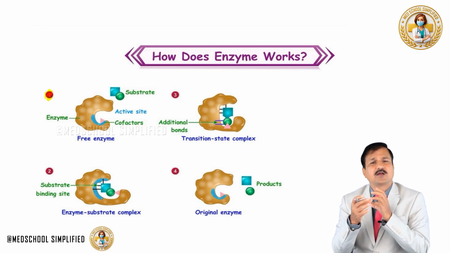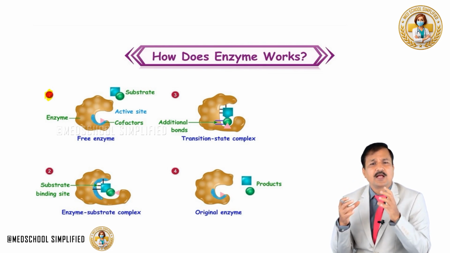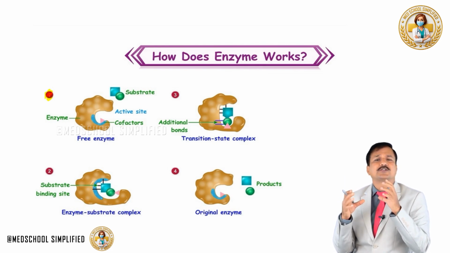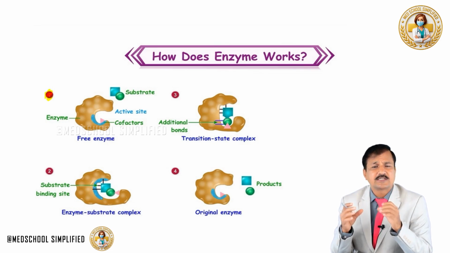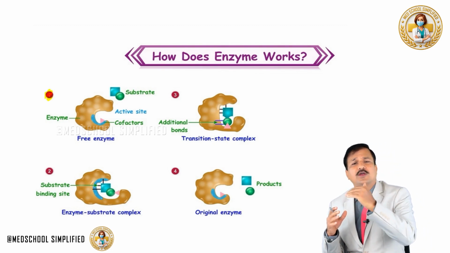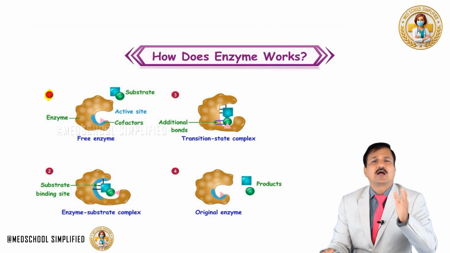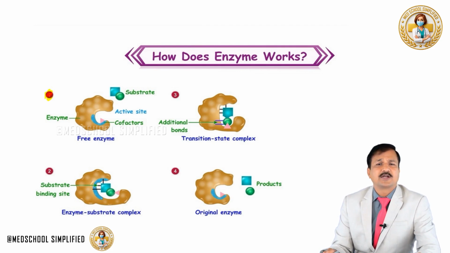Because of that, there is a conformational change and more bonds are made, and that takes the substrate into its highest energy state called the transition state. In this transition state complex, because it is most unstable, it goes into product formation, and the products are released. The enzyme comes out of the reaction unaltered, and now the enzyme is ready for the next reaction based on its specificity.